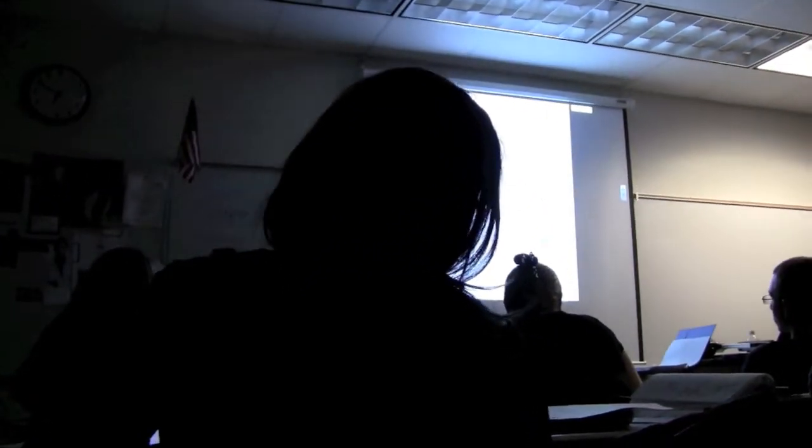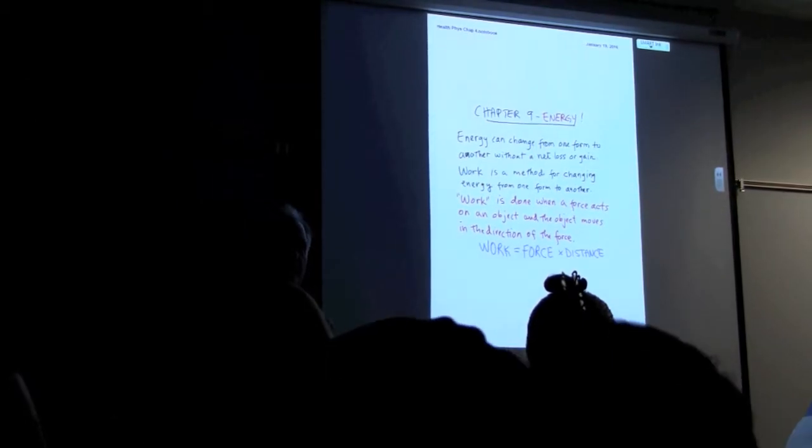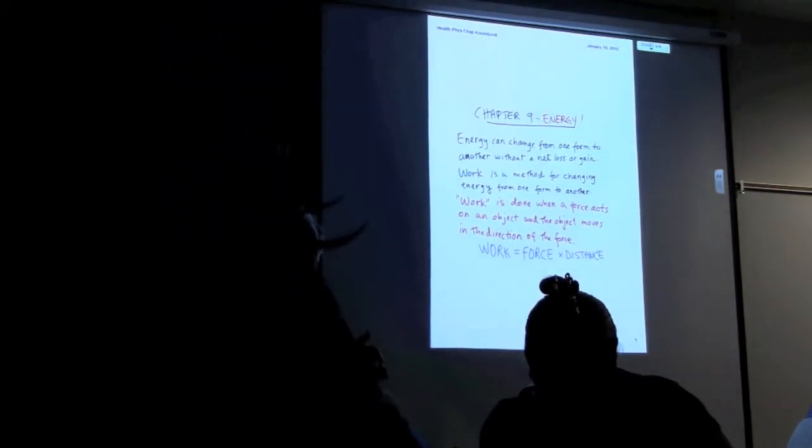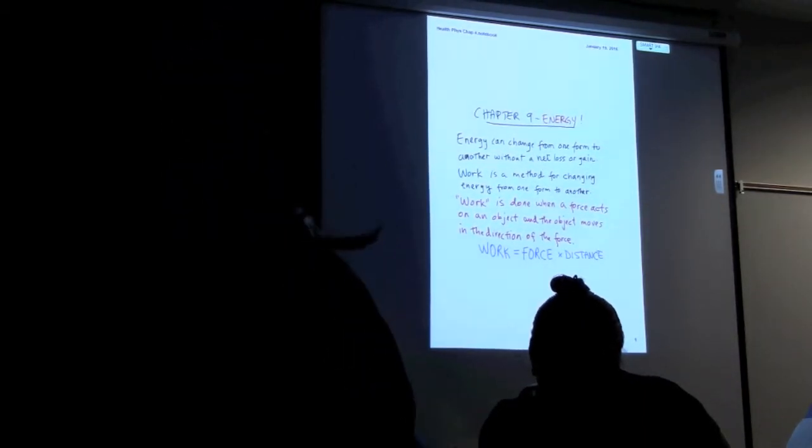Work is one way to change energy from one form to another, but here's a little bit of a catch. In physical science, all right, work has a very narrow definition. Narrow meaning work is equal to the force that you exert multiplied by the distance that something is moved.